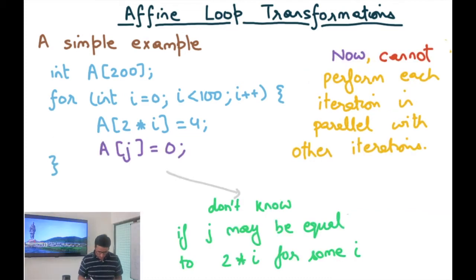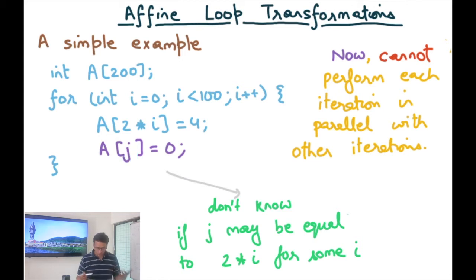However, let's say I also had another variable j in this, and let's say j was not a regular loop iteration variable, j was just some other variable, and I had this particular statement in my loop, A of j equals 0. Now suddenly we cannot perform each iteration in parallel with other iterations, because we don't know whether j matches any of the 2 times i values.